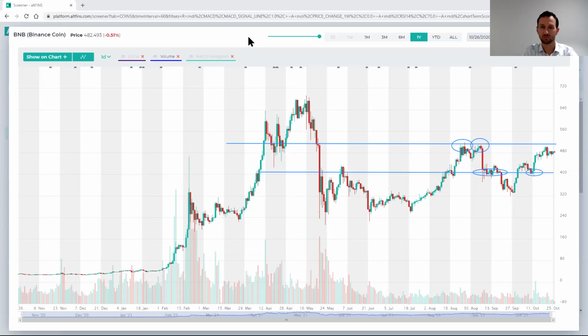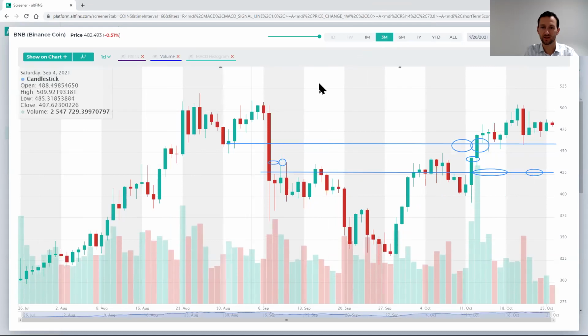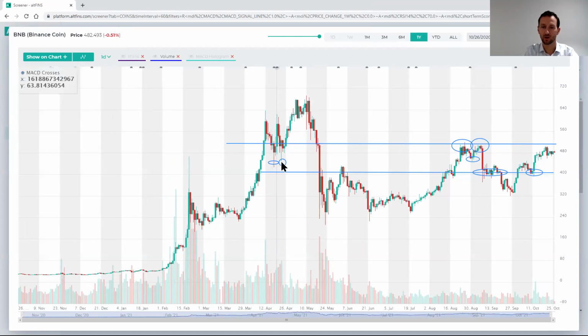But there's another support level that's a little higher if we pay attention, because I want to capture this support level here, as well as this one and this one. And this is why it's important to look at the big picture, because if I just look at the 3-month picture, I'm not going to see what happened in the springtime and what levels it actually bounced off of.